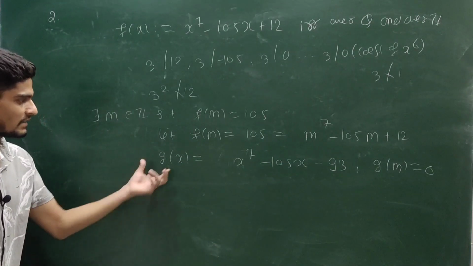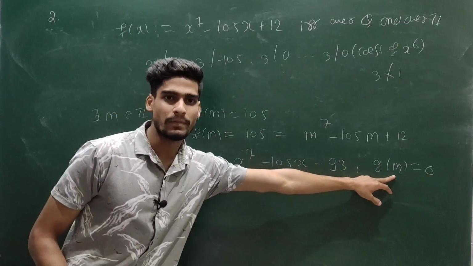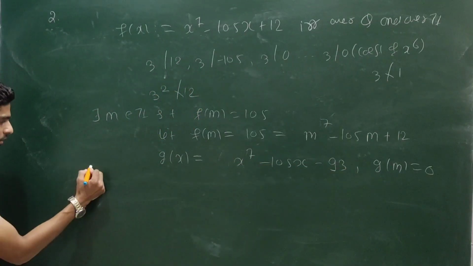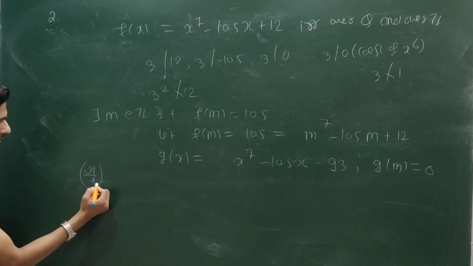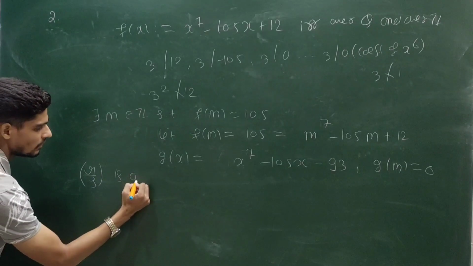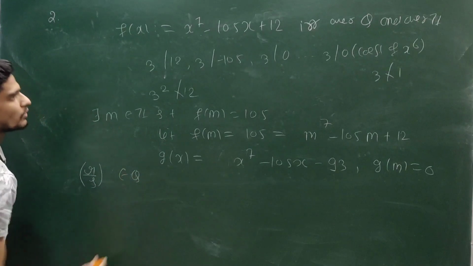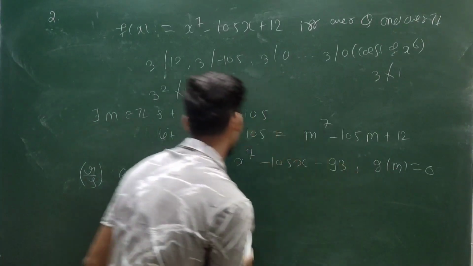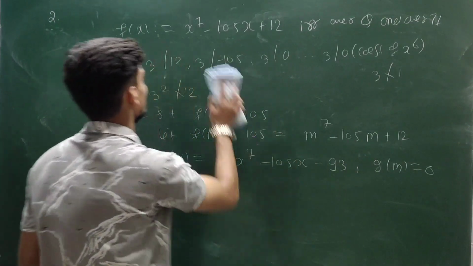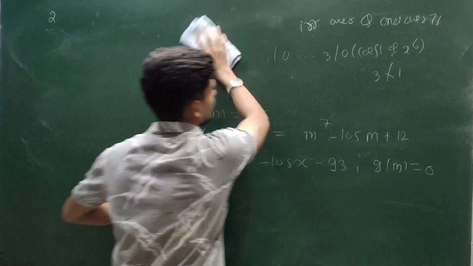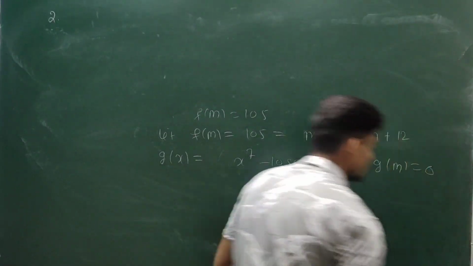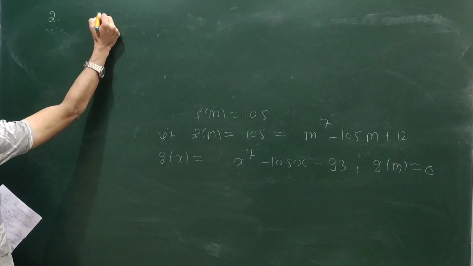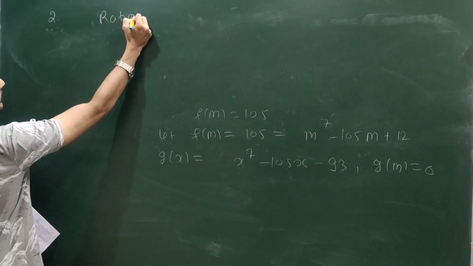Now, can g be 0 at any integer? Use one more thing. R by S belongs to Q, or you note this thing. Let me define one important note. The rational root criteria.